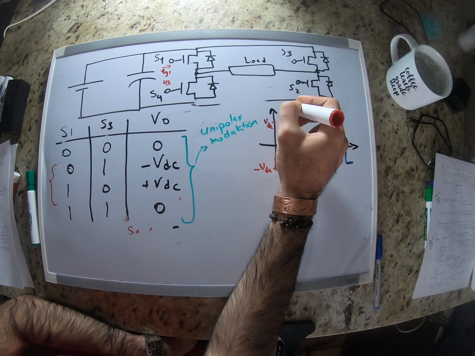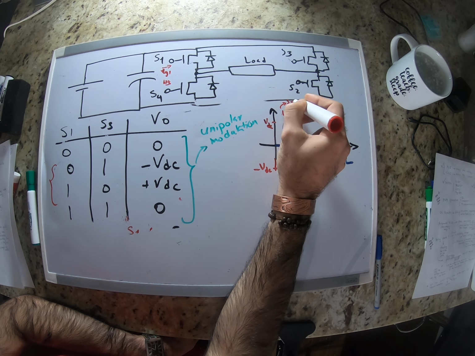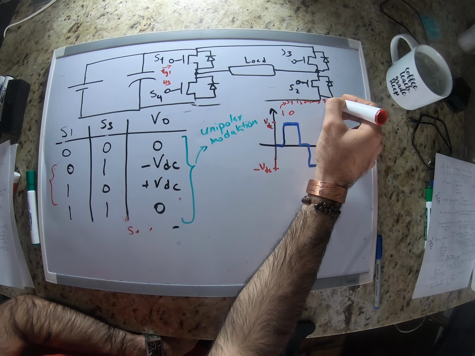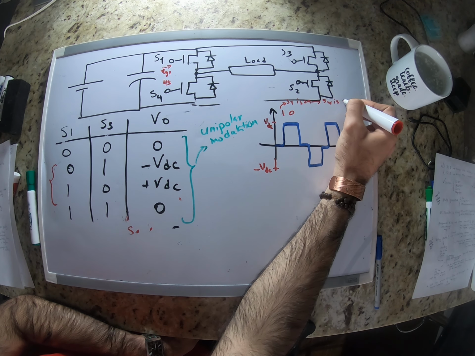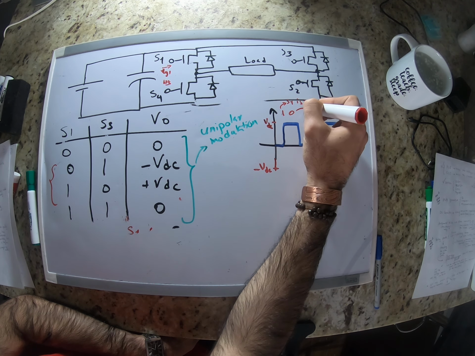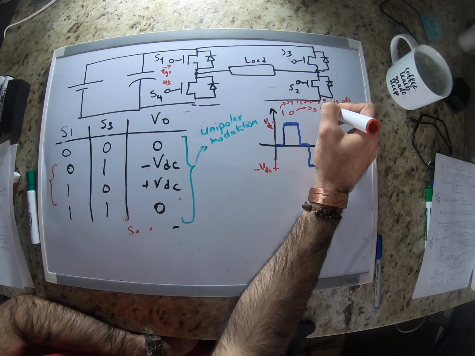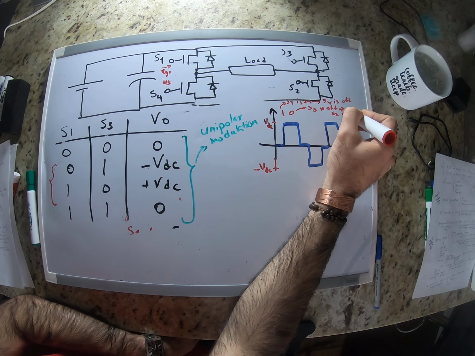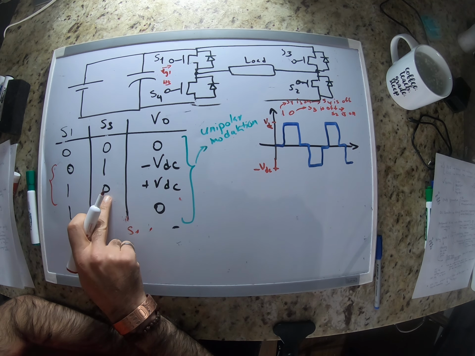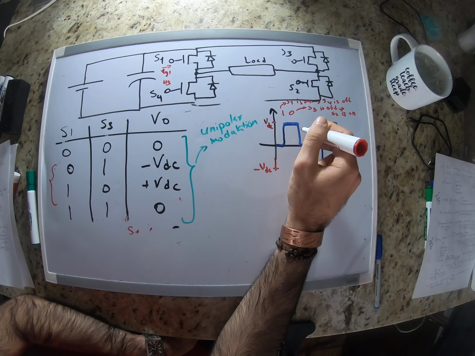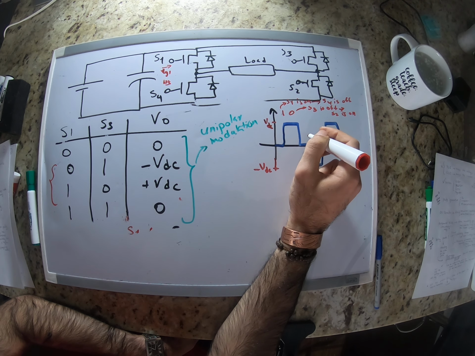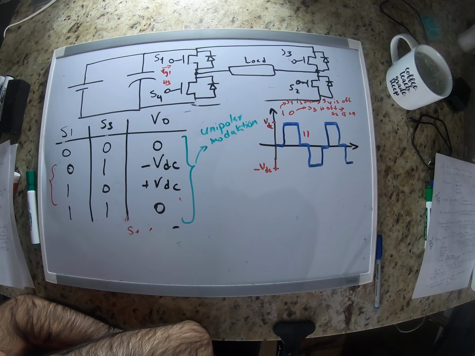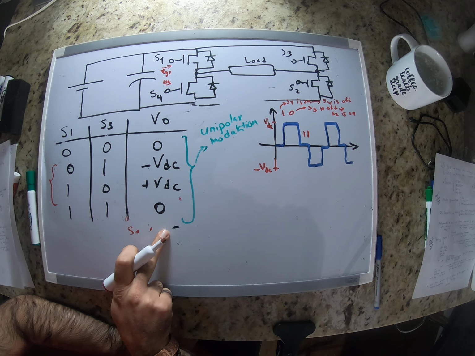Right, so here S1 is on, so it means that S4 is off, and here S3 is off, so it means that S2 is on. Okay, so we are here. Right, at this point we get to a point that's 1 and 1. Right here, the voltage is 0.